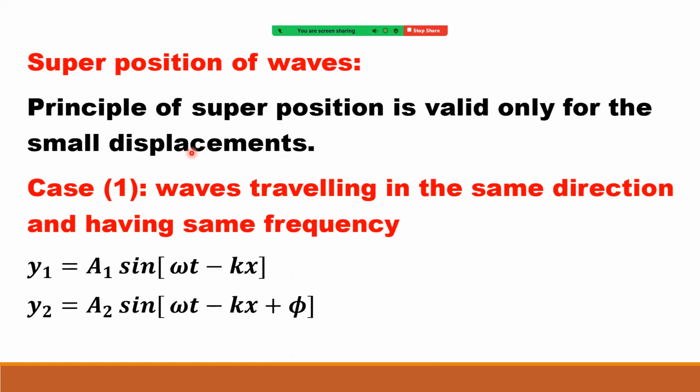When the displacement is small, the restoring force is proportional to displacement, that means F equal to kx, so Hooke's law is valid. Whenever Hooke's law is valid, we can take the superposition of two waves or the superposition of two SHMs. So this is what we have taken, right? The equations A1 sin(omega t minus kx) and A2 sin(omega t minus kx plus phi), right?